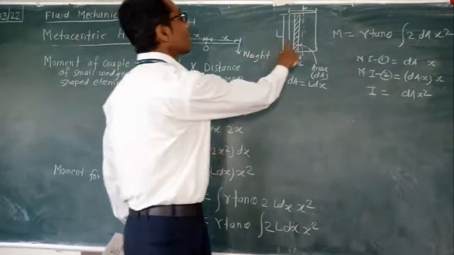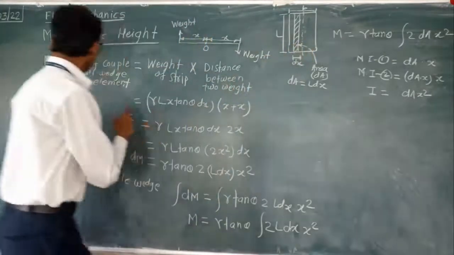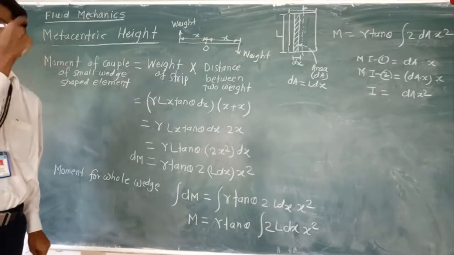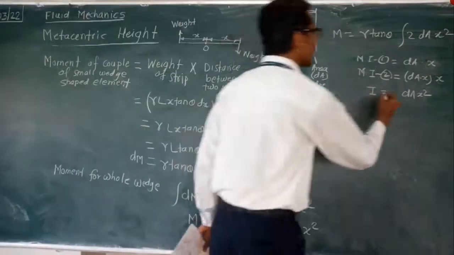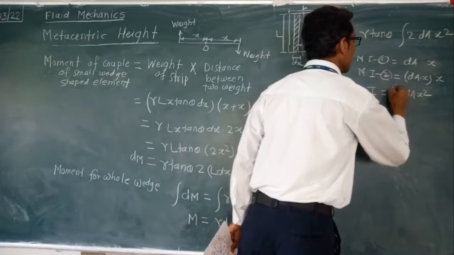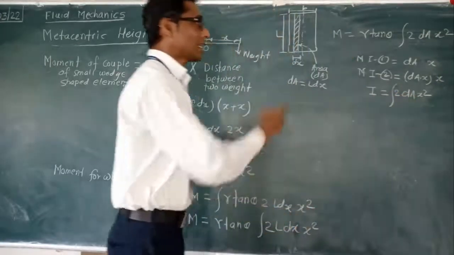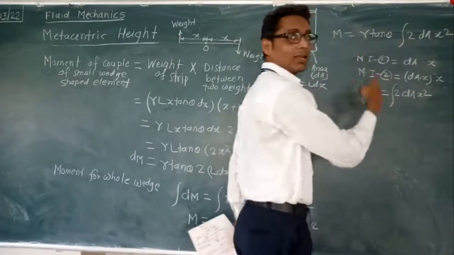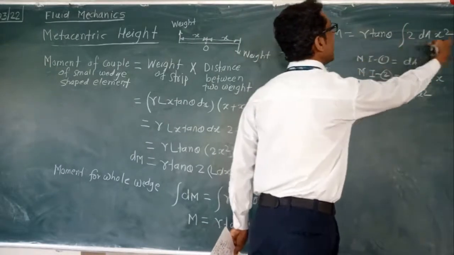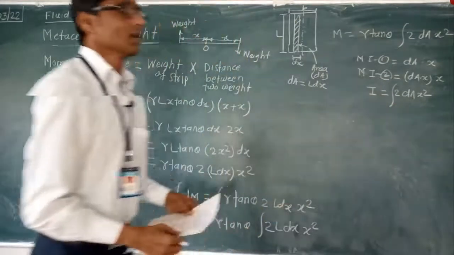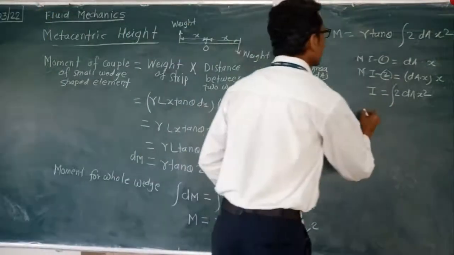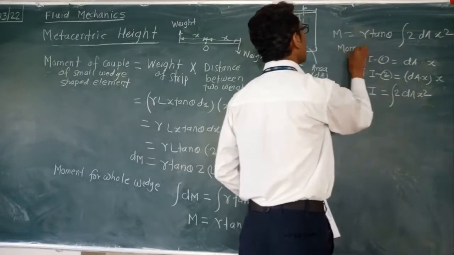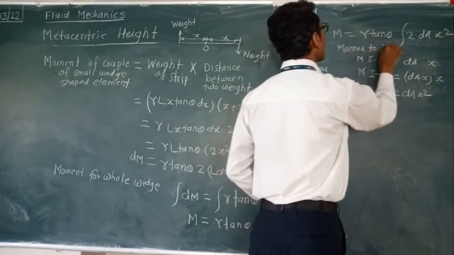But here there are strips on both sides, because in the last diagram we showed wedge shape elements on both sides. That is why a double will come in the integration. By definition, I is the integration of 2 dA x square. Now here you can write the concept of moment of inertia.